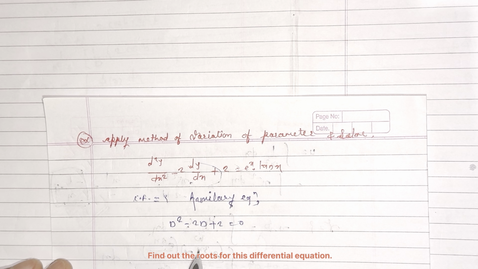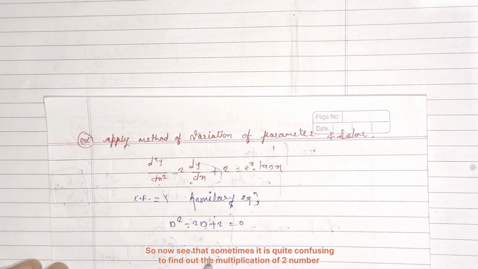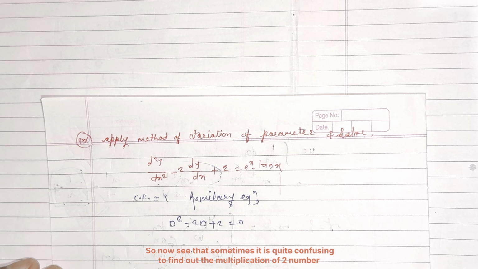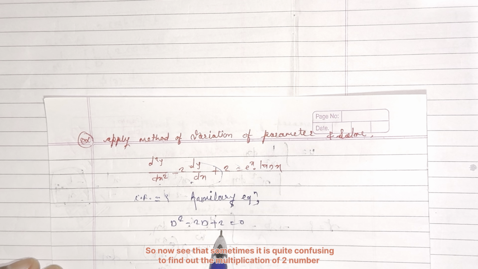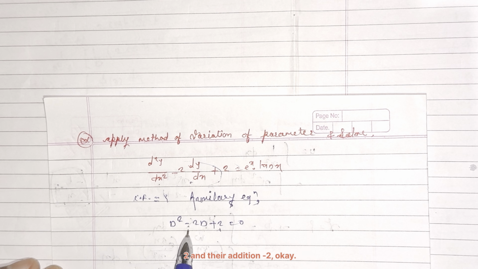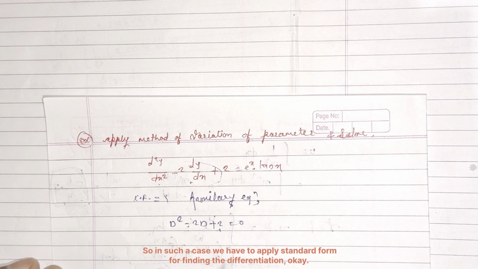Sometimes it is confusing to find two numbers whose product is 2 and sum is minus 2. In such a case we apply the standard form.